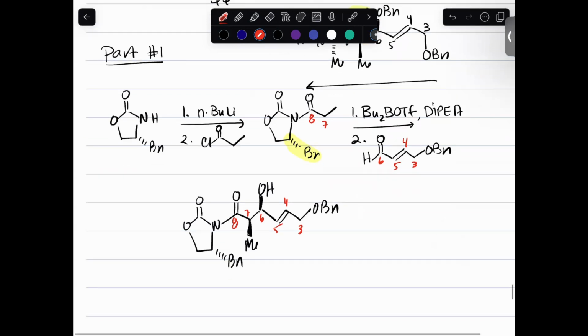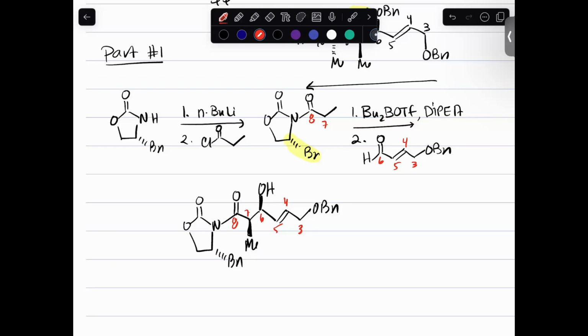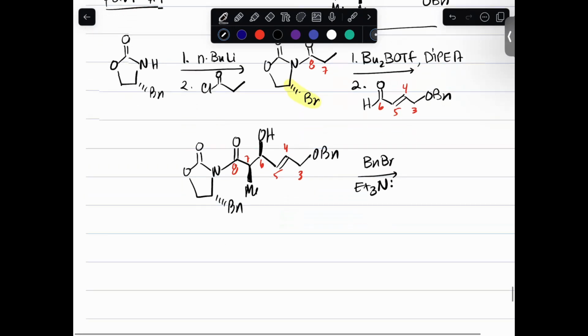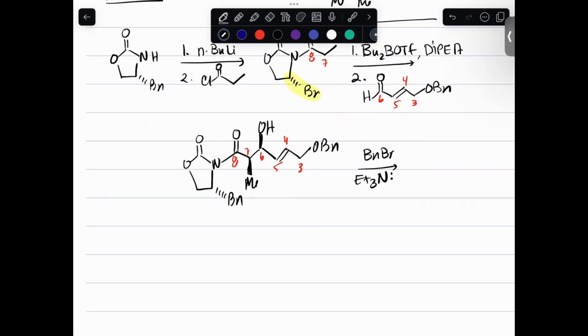We've got our alcohol. I can benzylate this. We saw this in our problem set. Benzyl bromide, triethylamine. Remember, again, your alcohols are pretty acidic. So all I've done is benzylate.